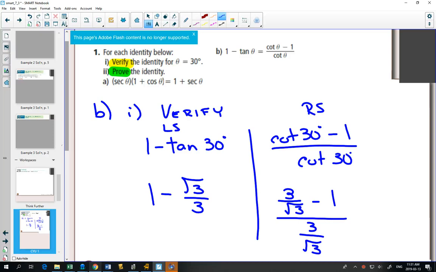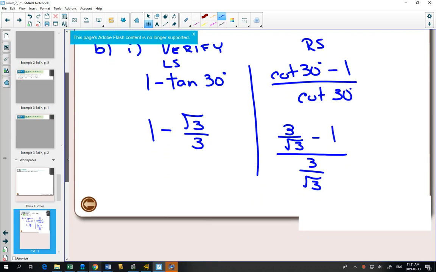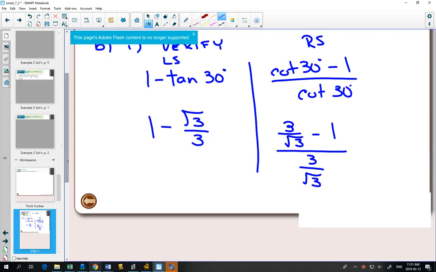So in this example in particular, they currently do not match up, so I am going to write both sides as a single fraction. On the left side, to get it a single fraction, I need a common denominator. That'll give me 3 minus root 3 all over 3.